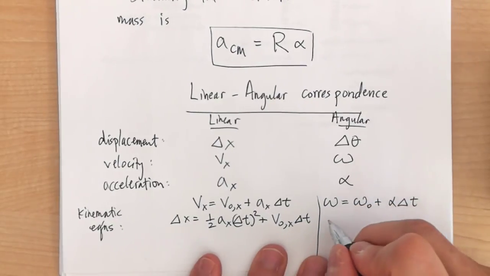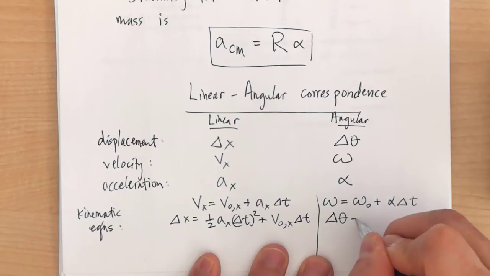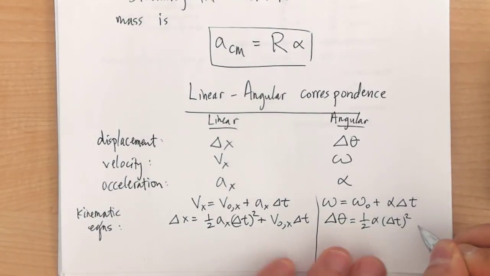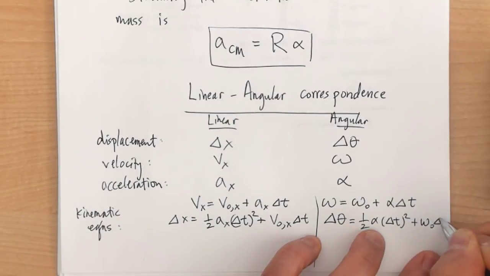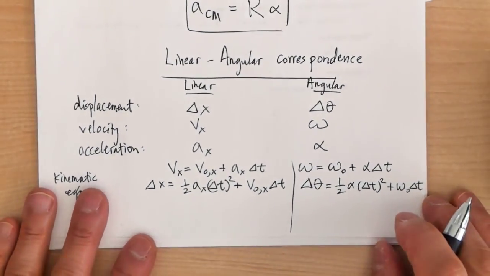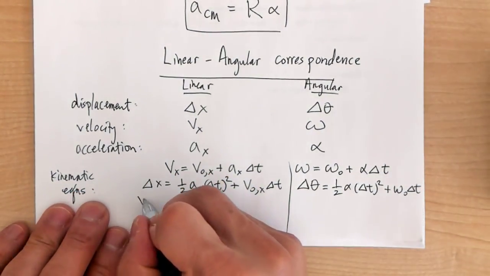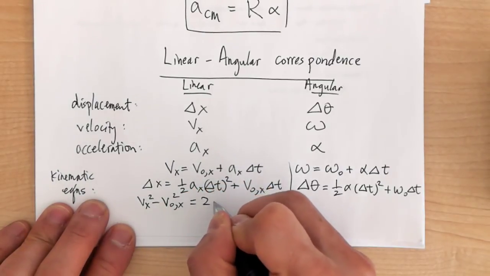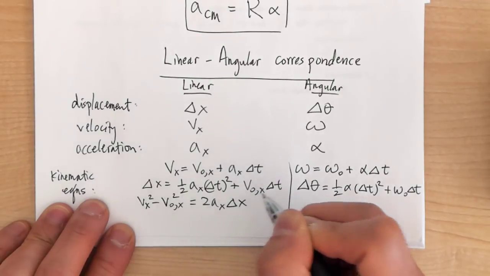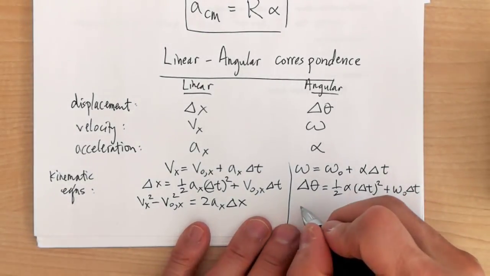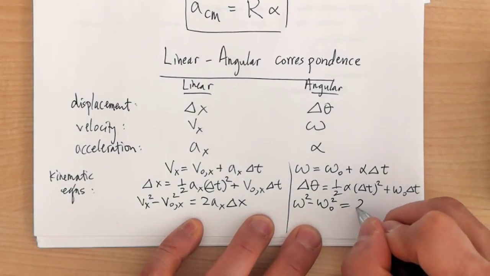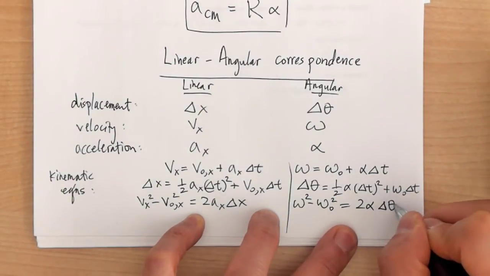And on this side we would have delta theta is equal to 1/2 alpha delta t squared plus omega naught delta t. We also have Vx squared minus V0x squared is equal to 2ax delta x. Hopefully all this is familiar. And then we had omega squared minus omega naught squared is equal to 2 alpha delta theta.